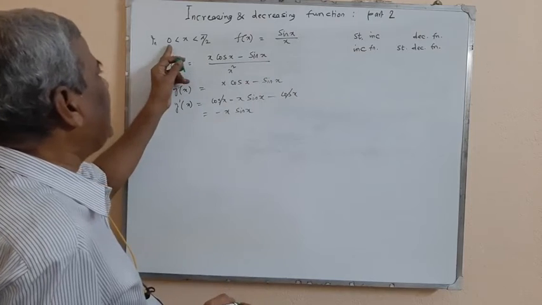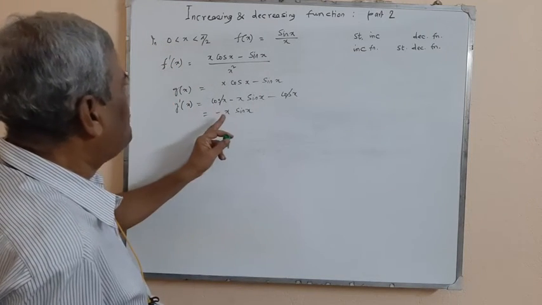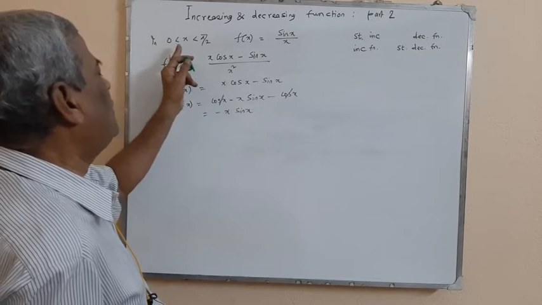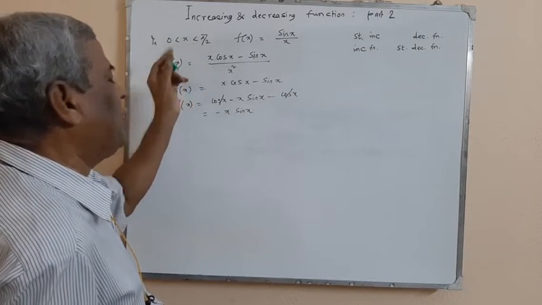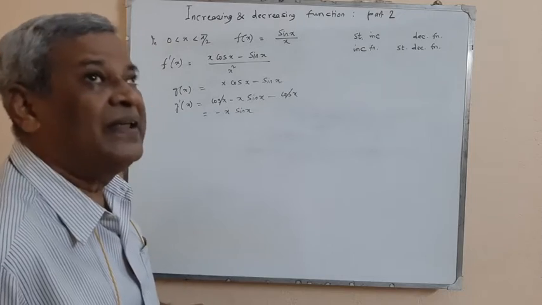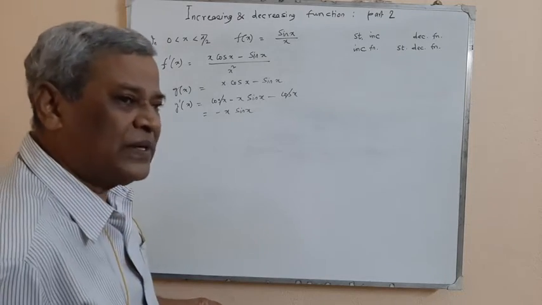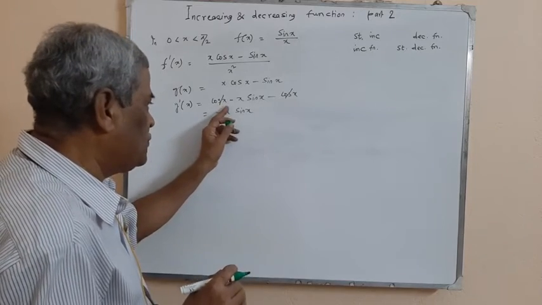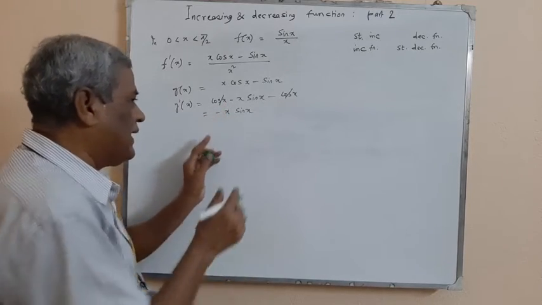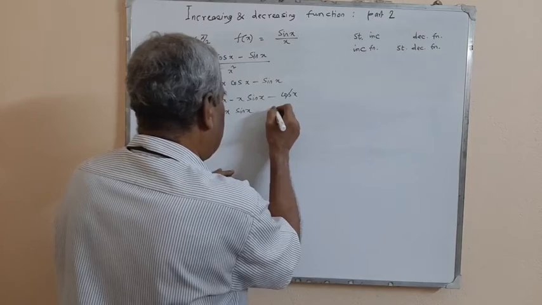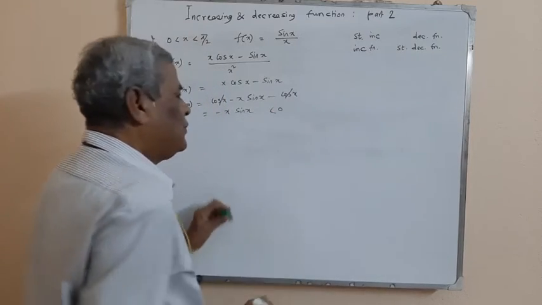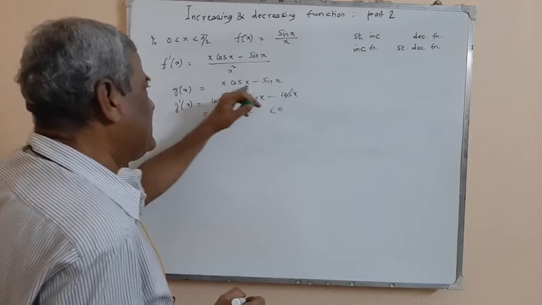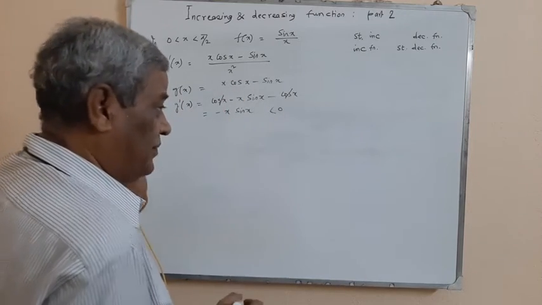Now in that interval x is positive, and sin x is also positive because the interval is the first quadrant. So x sin x is positive, and ultimately g dash x is negative.